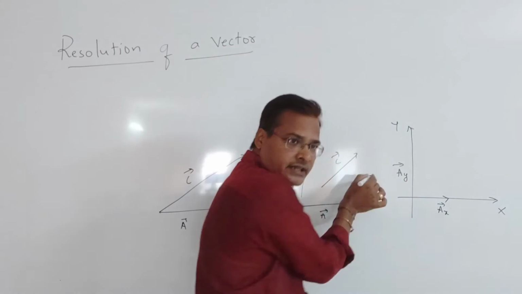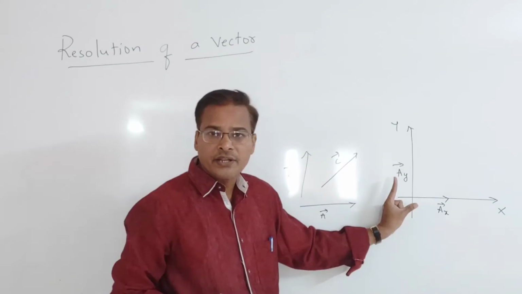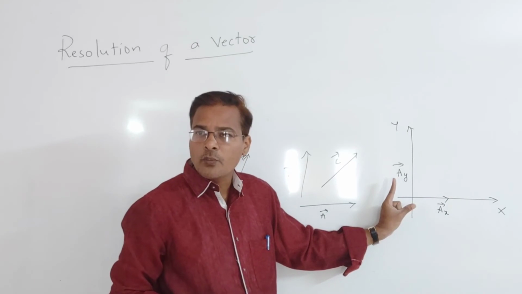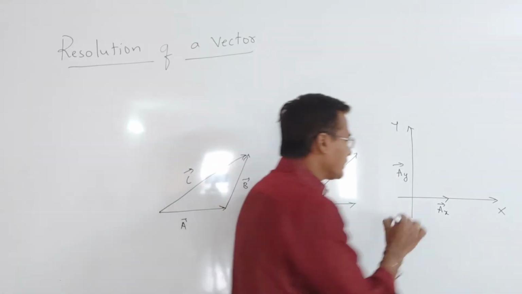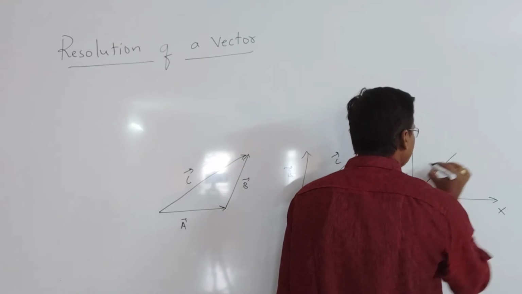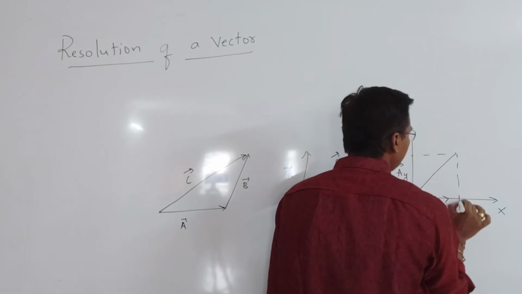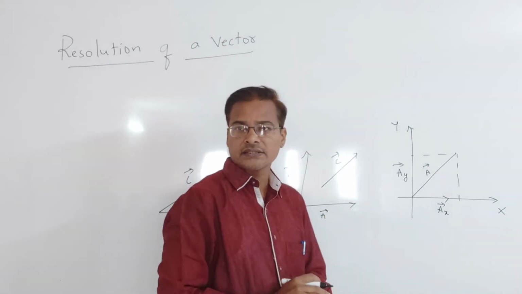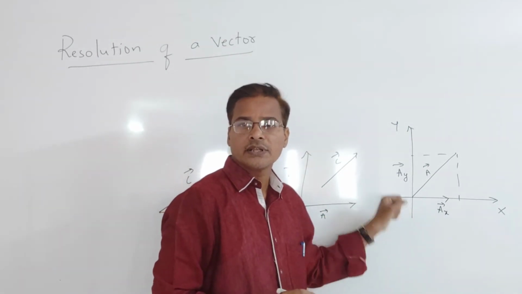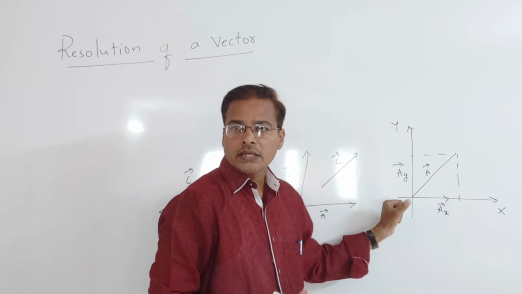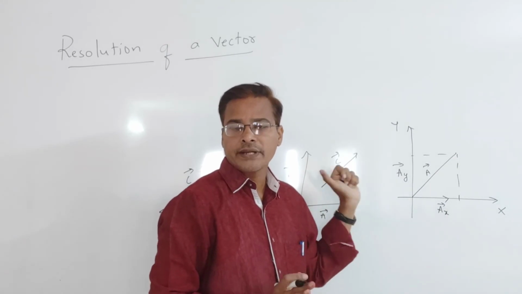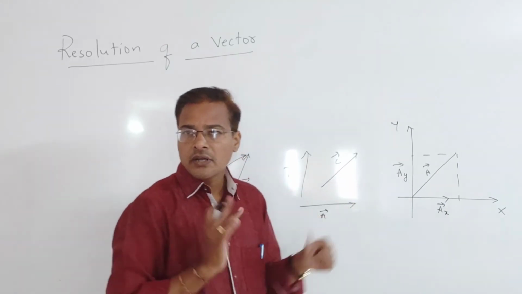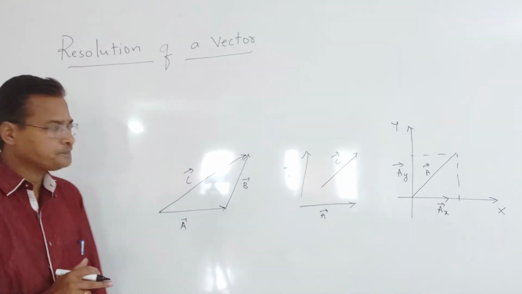These two vectors are called perpendicular or rectangular components. Why rectangular? Because the A vector is the resultant of these two vectors, so we call them rectangular vectors or rectangular components.